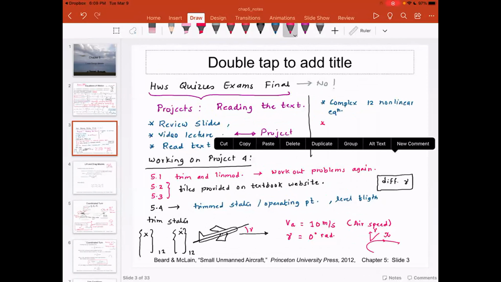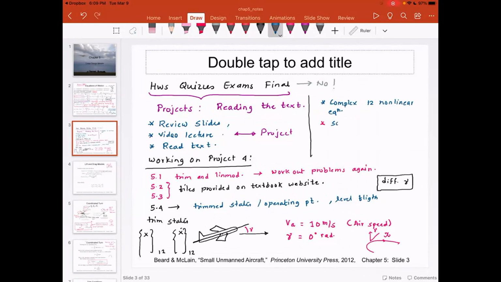So the solution, this is important, depends on initial conditions, constraints, and the algorithm that you choose.